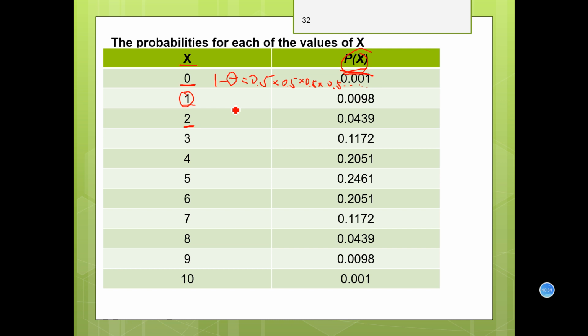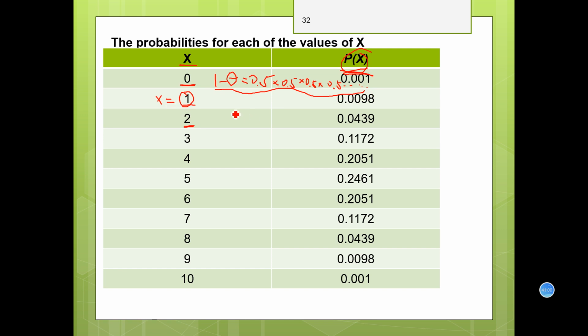Maybe some of you will think that the probability is the same, right? 0.5 times 0.5 times 0.5. But it's a little different, because we said that x equals 1.